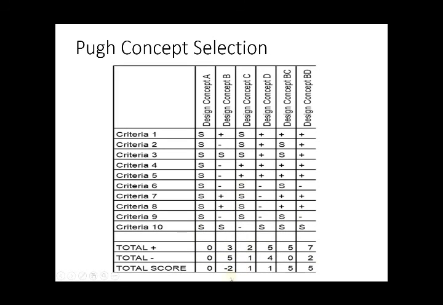Then we calculate the total scores. Then in the third round, design concept C will be kept as the standard and other concepts will be compared with concept C. Similarly, all the design concepts will be kept as standard. So this iteration will continue for 6 rounds, and for all the 6 rounds the scores will be available to us and we can identify which is the best design solution.